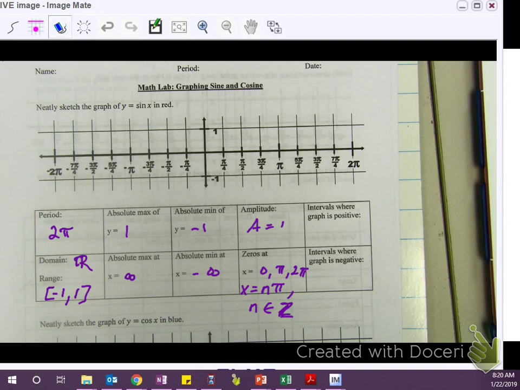Intervals where the graph is positive. All right, we're not going to try to list all of them, but we will list negative 2 pi to negative pi and 0 to pi.